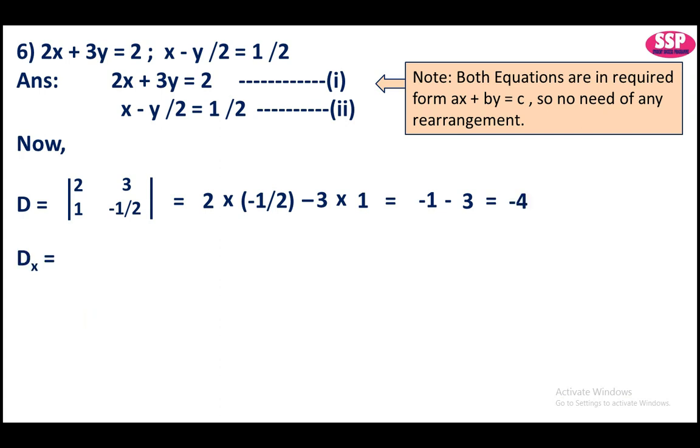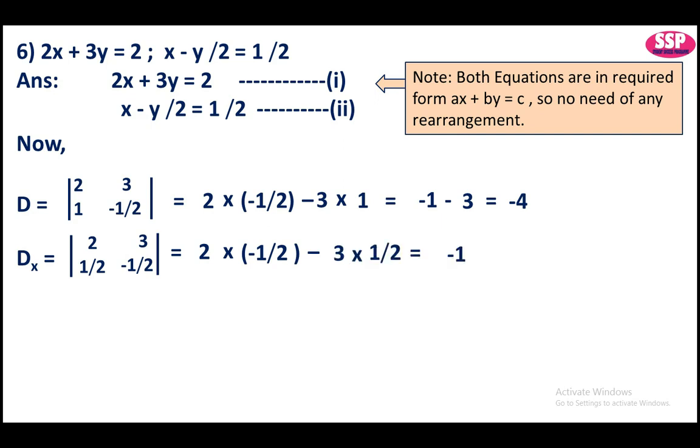Now dx is equal to, replacing x coefficient by constant, that is 2 and half, and keeping y coefficient as it is, we get 2 multiplied by minus half minus 3 multiplied by half is equal to minus 1 minus 3 by 2 is equal to minus 5 by 2.